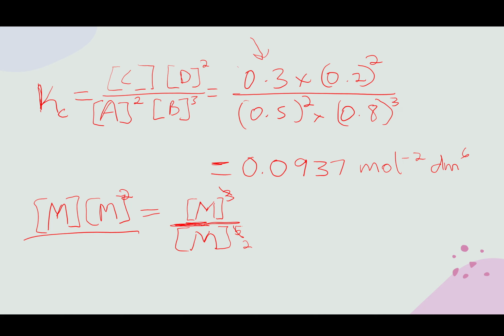So we want to show everything properly, because when using the large M, we're just assuming that it's mole per dm cube. That's why when you're writing the equations you're always writing all the units, so you can see where units cancel and get your final unit at the end of the day.